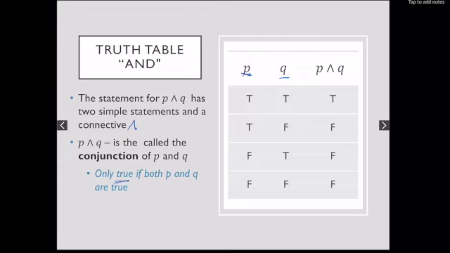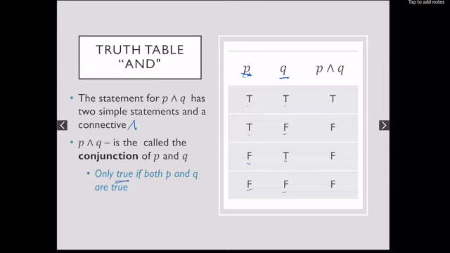So let's take a look at how I set up these first two columns. So for P, I did true, true, false, false. And for Q, I did true, false, true, false. Now, why did I do that? I want every possible combination of true and false for P and Q. Okay? So they could either both be true, P could be true and Q could be false, P could be false and Q could be true, or they could both be false.